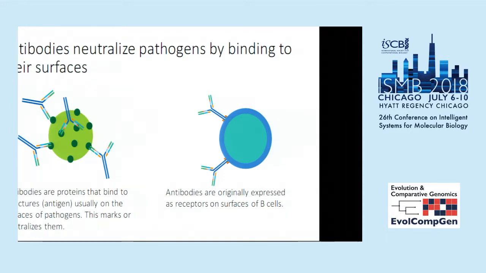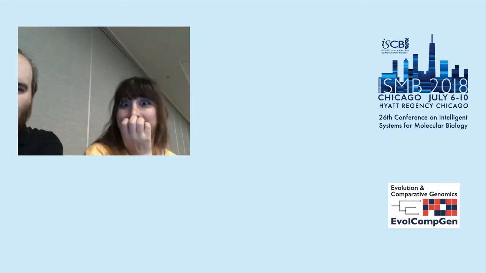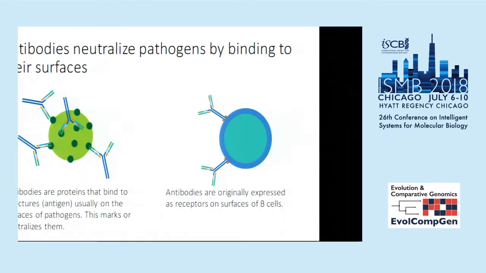This mechanism depends on the fact that antibodies have structures which match structures on the surface of pathogens, which leads us to the question of how exactly do antibodies recognize the vast diversity of pathogen structures that humans are exposed to?